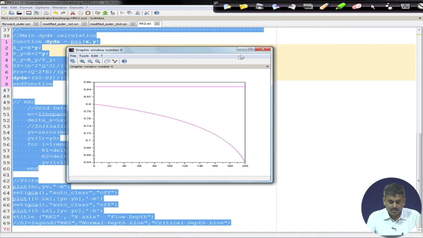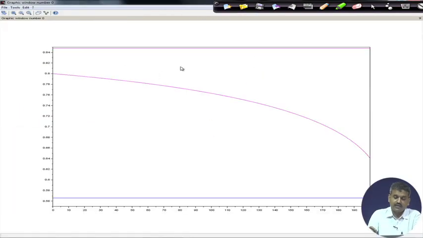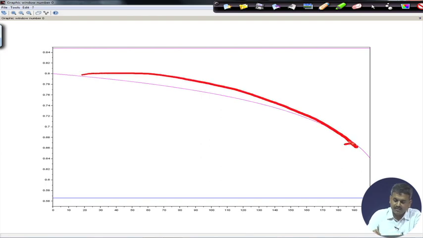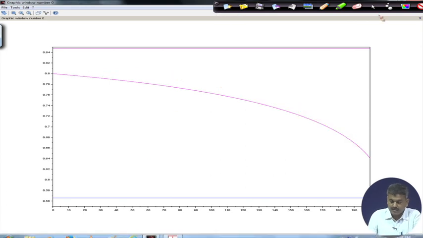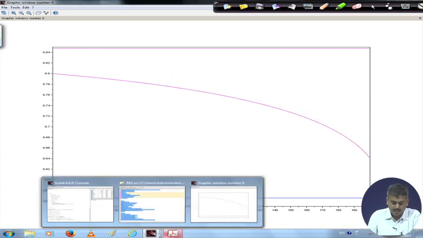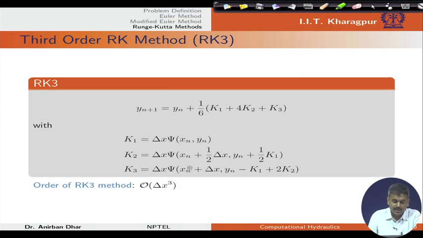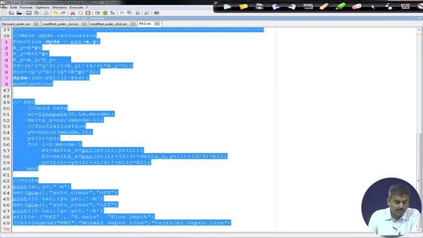Now, in case of our M2 curve, this is decreasing in nature. Now, if we utilize our RK3 method, considering K1, K2, K3 with these expressions, we can utilize it for our problem.